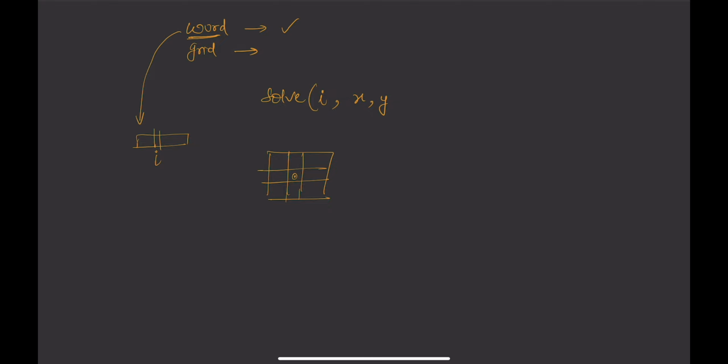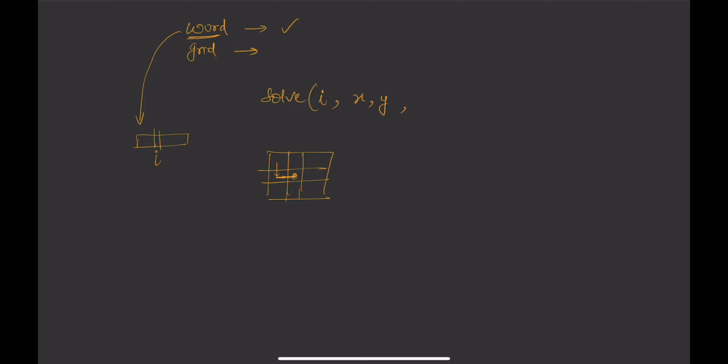So which character I'm processing, and which location I'm currently at. Let's say I might have found one here, and currently I'm at this point. If they match, I should go to this point if and only if the characters match.